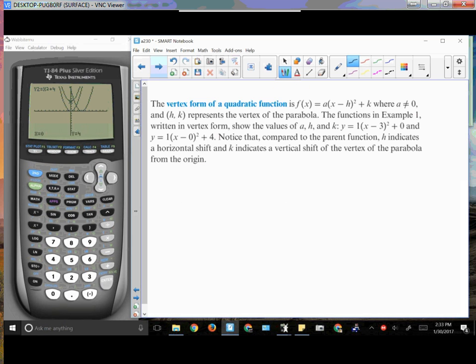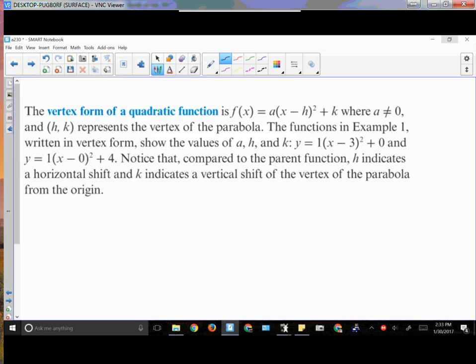So one of the things that you need to make sure that you have written down is this idea, vertex form of an equation, and that h and k represent the vertex. So I'm going to give you a few moments here. Make sure that you have that written down in your notes.